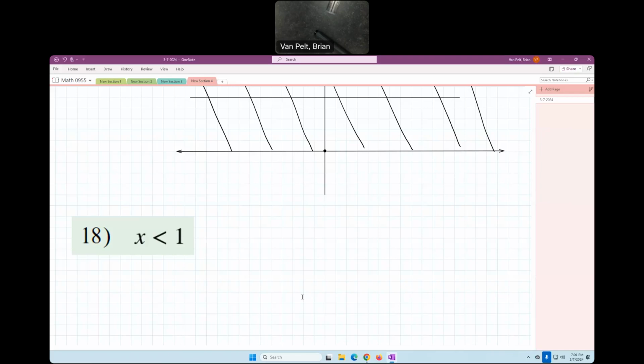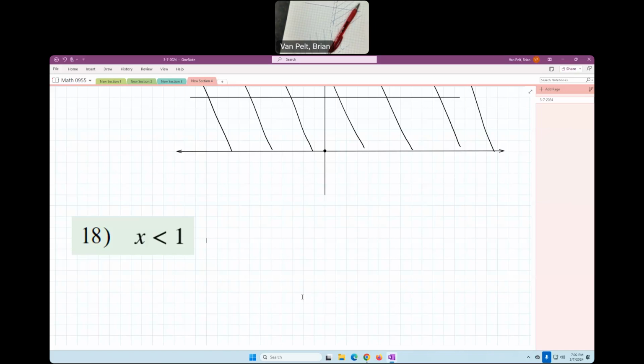Vertical line. You draw a horizontal line. Verticals are up and down, that's right. So with this one, it's a vertical line this time.